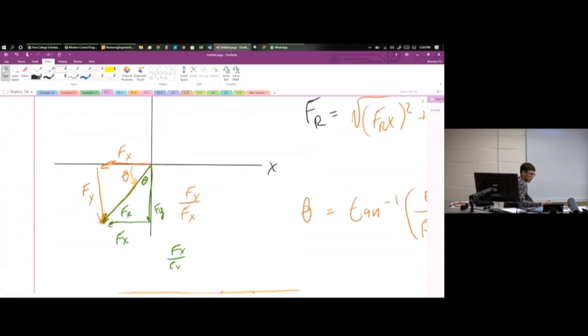In theory, the forces would start at the origin, and this would be your Fy going down. But we can add it head to tail, and then we're going to move it here, because we're just going to shift it left, which is going to give us this triangle. Then we can choose any angle to be theta, really, as long as we stick with it and we follow the convention that we made for this problem, right?